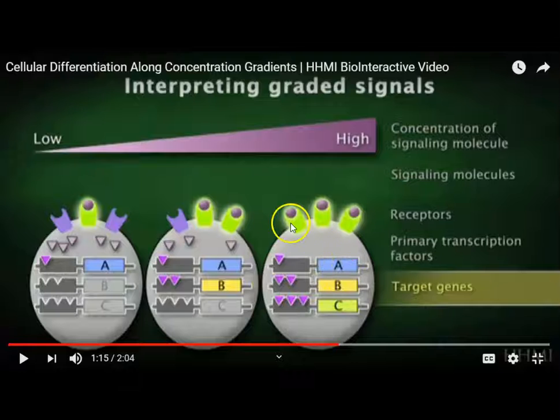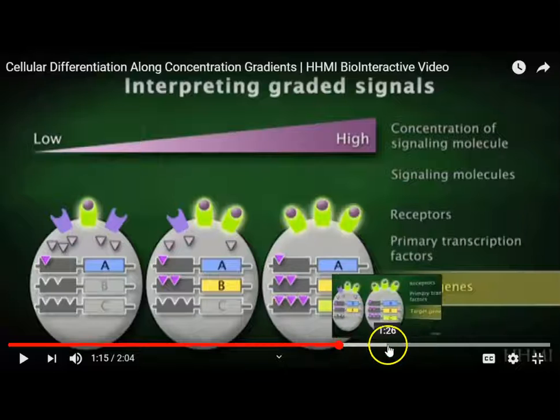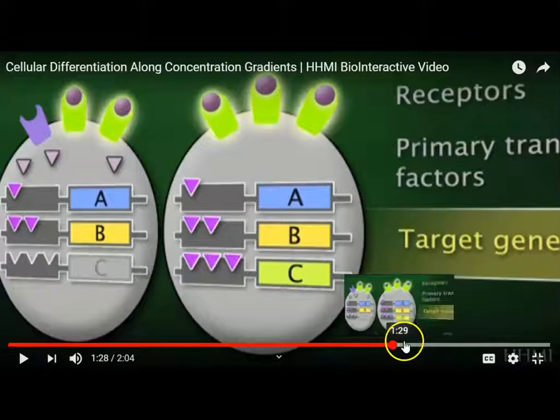So more transcription factors, because of the more signaling molecules, activate more genes. For example, here we have A, B, and C. All the genes are activated. But here the number of signaling molecules was less, only 2 genes were activated, and here only 1 gene.